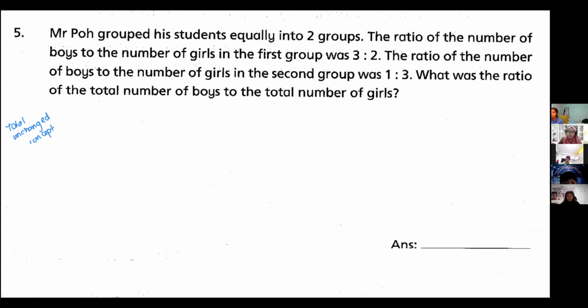Like this question, what happened is that there is a group of students who are separated into two separate groups. That group of students, for example, is separated into two separate groups like that.